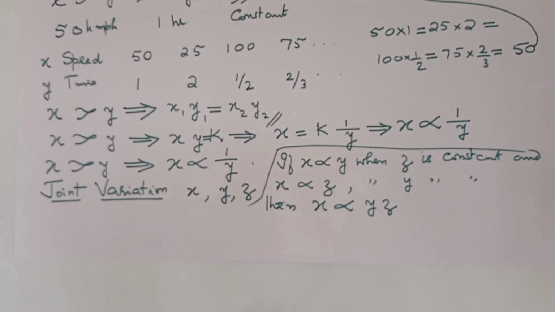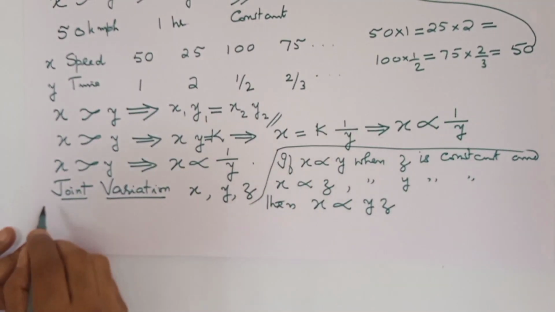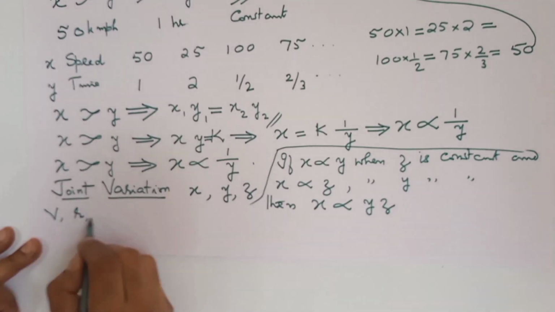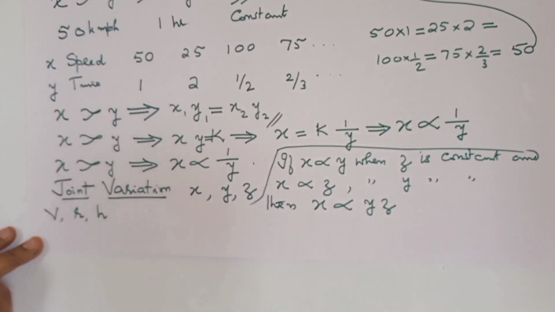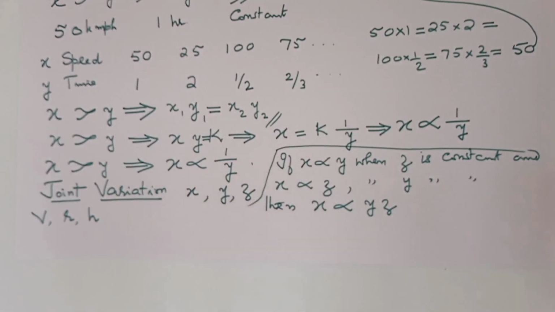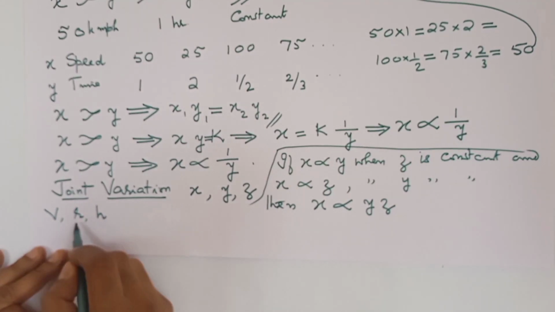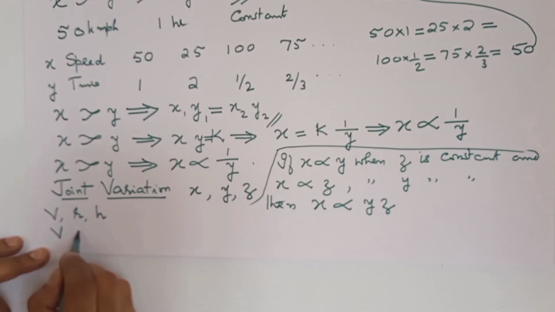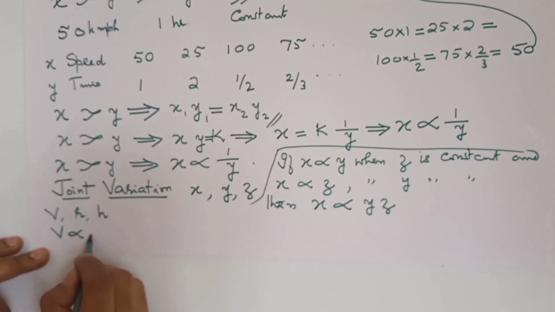You take a cylinder. I hope all of you know what a cylinder is. A cylinder has a volume, it has a radius, and then it has a height. Now, first you look at all cylinders with the same height but different radii, and you will see that V is directly proportional to R square.